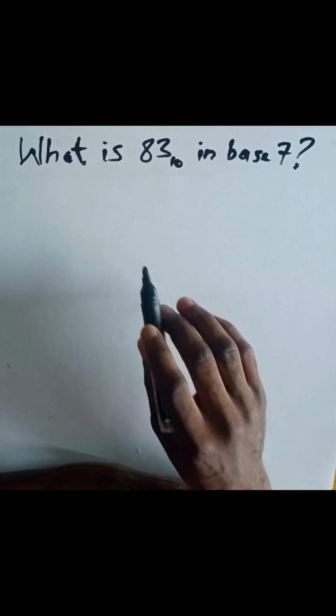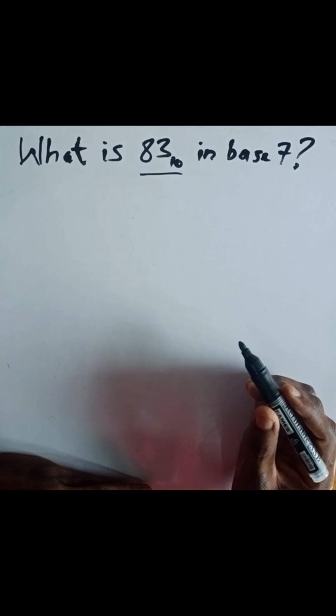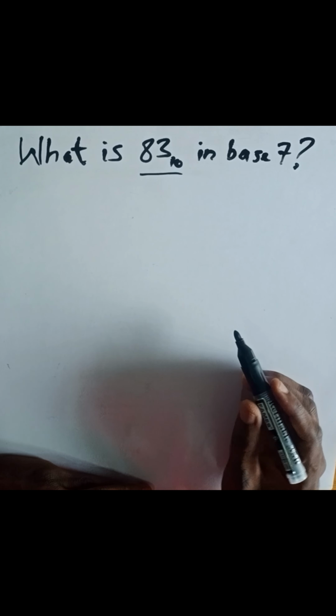Already we have this in the decimal form, so we don't have much to do, but the only thing that we have to do is to divide this base 10 number by the required base, which is 7, while considering all the remainders. To do that, we will simply apply the long division method in order to have a neat work.